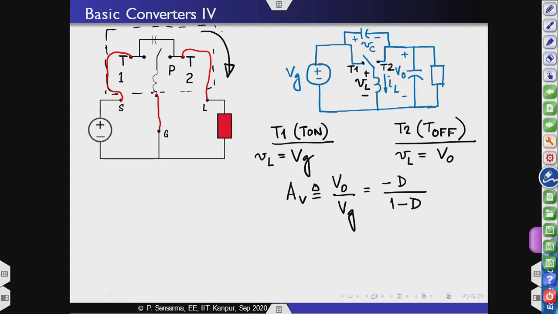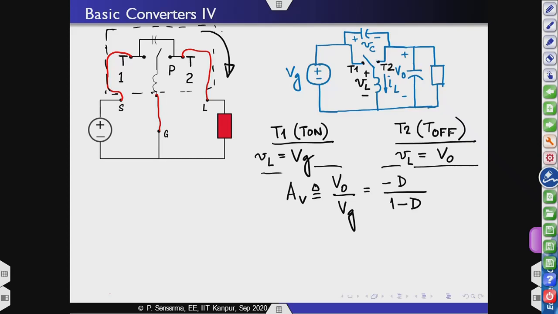I do not have to do anything else. The moment the inductor voltage expressions are very similar, the voltage gain is going to work out very similar. So, we do not need to go into the detailed process of it.